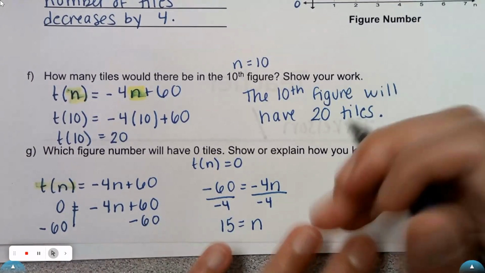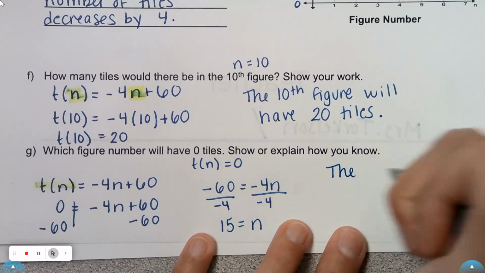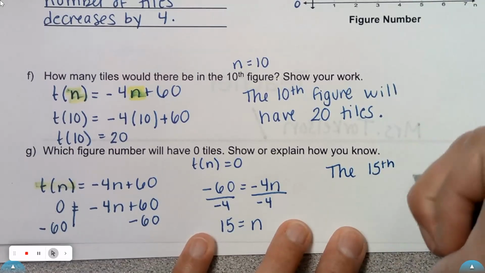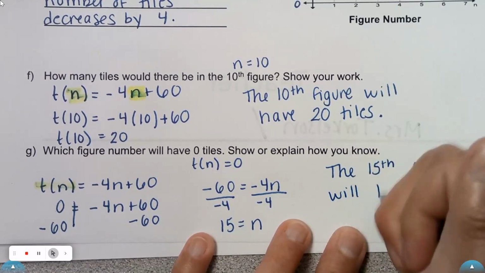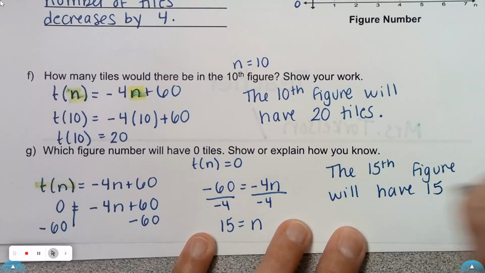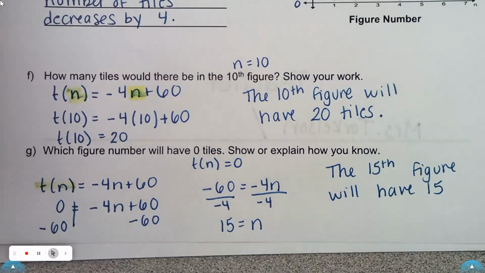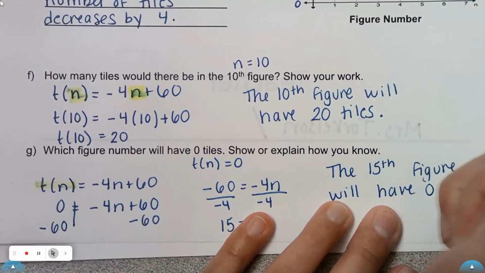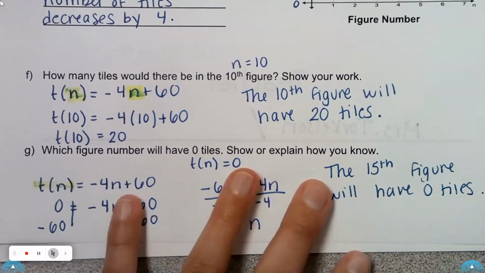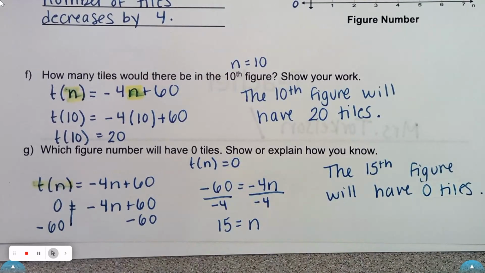Okay, so I'm going to write a sentence saying that. So the 15th figure will have 0 tiles.